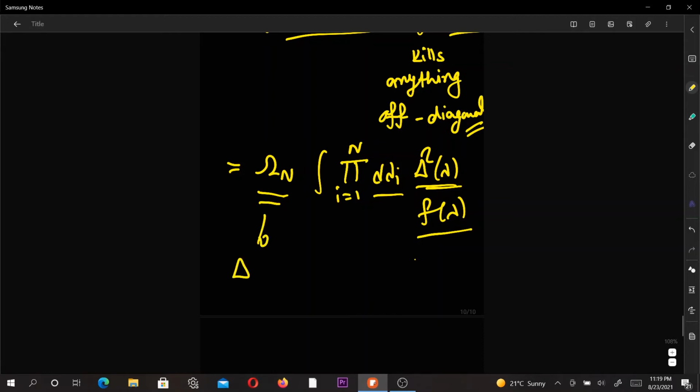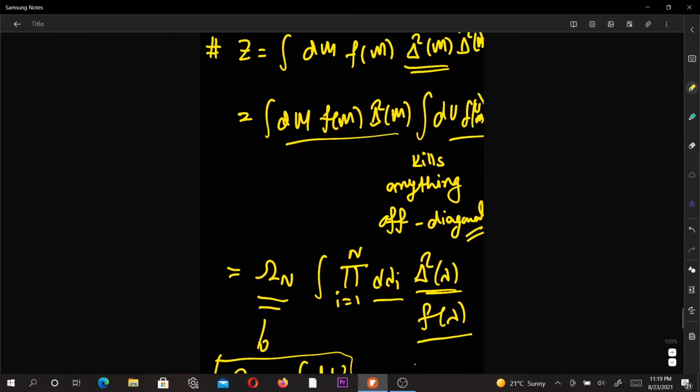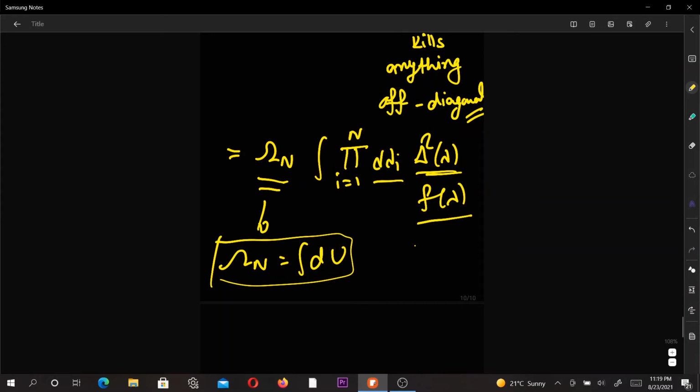And this quantity is just a normalization factor. If we have time, we'll work it out explicitly. If not, just treat it as a normalization factor. This is just the integral of dU, that is, the integration over unitary matrices.